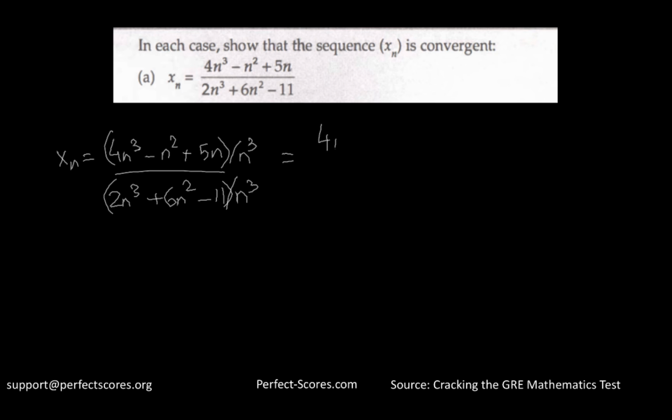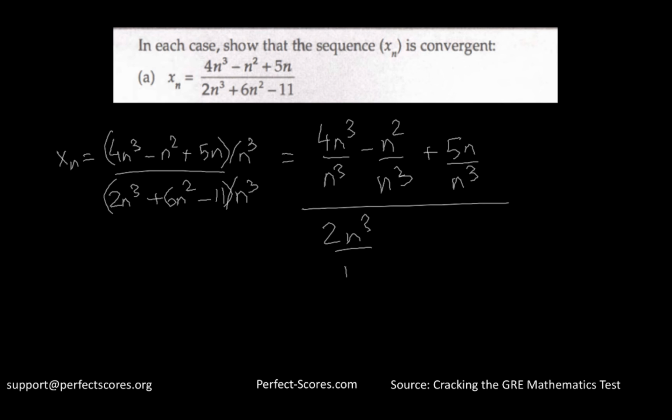So I have 4n cube over n cube minus n square over n cube plus 5n over n cube, divided by 2n cube over n cube plus 6n square over n cube minus 11 over n cube.